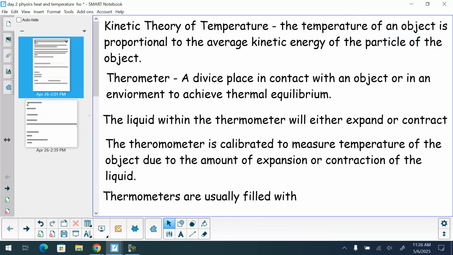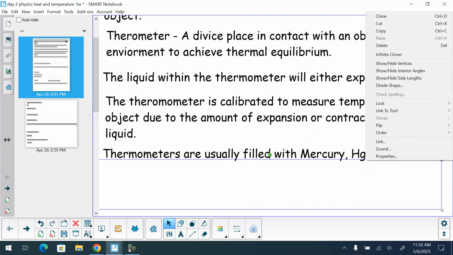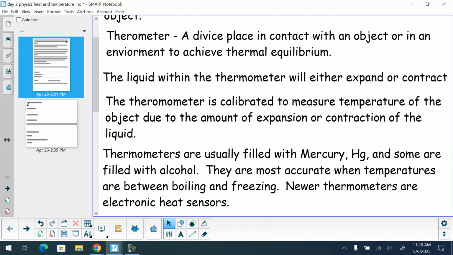A thermometer is calibrated to measure the temperature of an object due to the amount of expansion or contraction of the liquid. Most of the time most thermometers are filled with mercury, but some are filled with alcohol. They're most accurate when temperatures are between boiling and freezing.